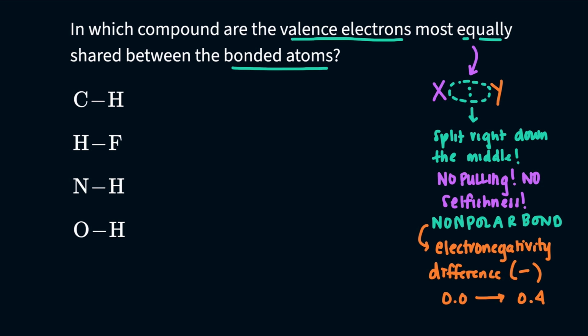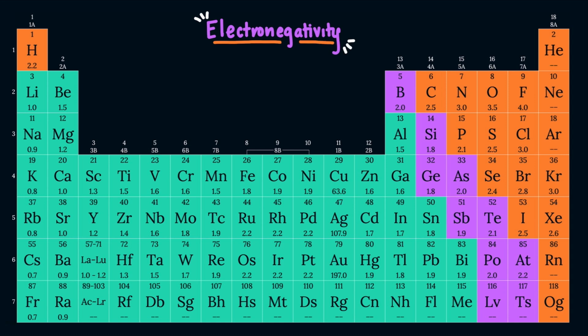So let's head on over there. So here is my lovely electronegativity periodic table that I made for you guys. All of the electronegativity values are down below. So like hydrogen is 2.2, carbon's 2.5, 3, 3.5, etc., etc. You could pause the video if you want, take a good look at this, right? But you'll notice that the highest electronegativity value is fluorine, which is 4.0.